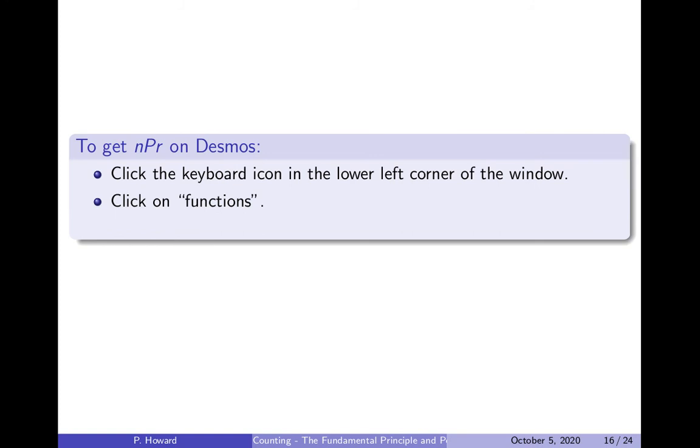And in that window, you click on Functions. And then you click on the Stats tab. And nPr will be in the middle column. You notice there was a slight typo in the last occurrence of the word click.